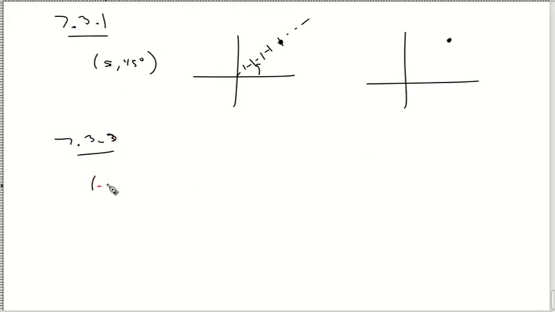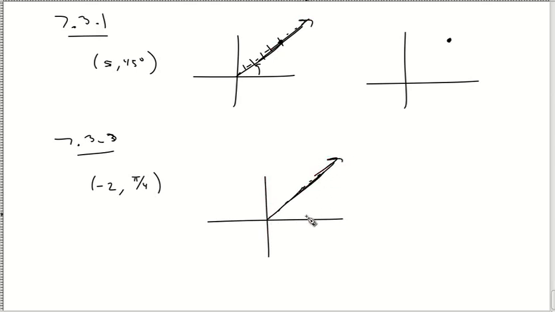7.3.3. I have -2 comma pi over 4. This one's a little different because it has a negative radius. Well, pi over 4 is, again, my 45 degrees. In fact, I'm just going to draw a solid. I think solids are going to be better than dashes. So that's my solid, 45 degrees. But this time I'm going -2. And so it's the same line, kind of, but I'm going backwards. So -1, -2.